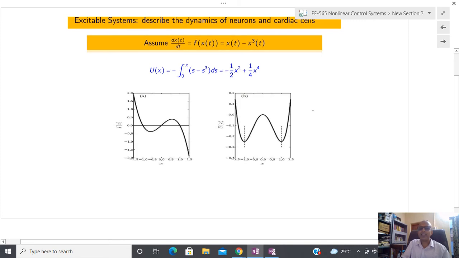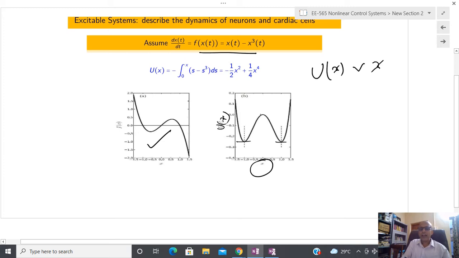Now you can see the plot of this nonlinearity f(x). If you plot u(x) on the u-axis versus x on the x-axis, you can see that I have two places with this kind of situation.